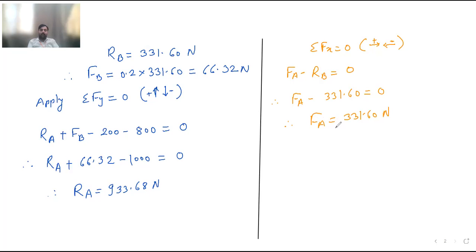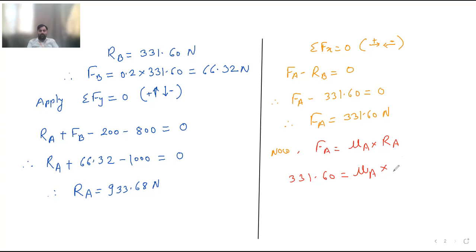Now in the problem they ask us to find the value of mu A. So FA is equal to mu A into RA. So 331.60 is equal to mu A into RA.